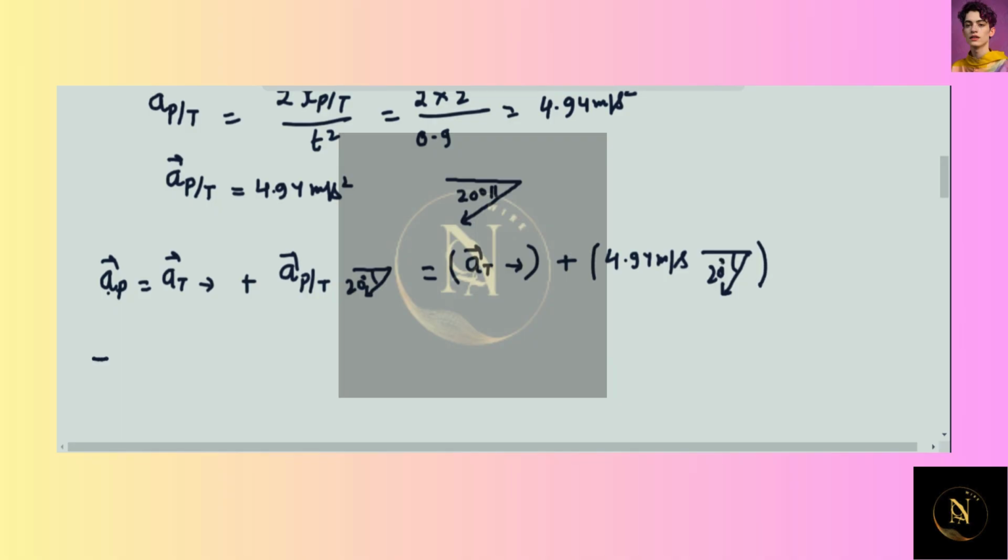Now taking summation of forces along this direction, it will be mass of ply into acceleration along this direction. You will get N2. First, we have to draw the free body diagram, which I have missed here. I am first drawing it.